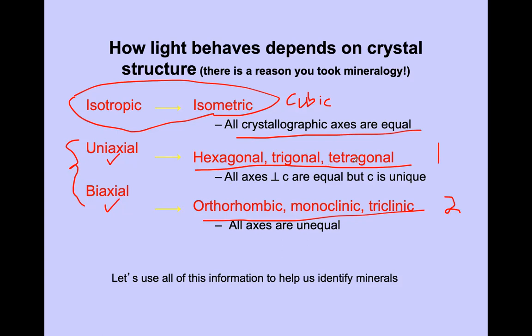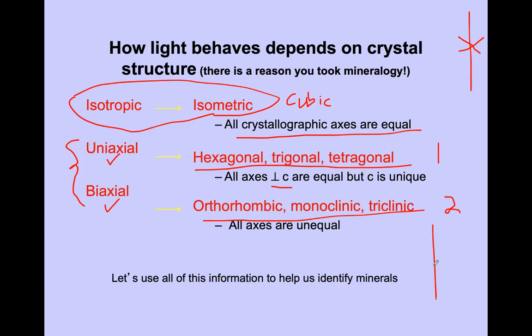In these hexagonal, trigonal, and tetragonal minerals, the axes are equal and perpendicular to the c-axis. The c-axis is the longer axis, and all the other axes are equal to each other, but perpendicular to the c-axis. In the orthorhombic, monoclinic, and triclinic systems, they are not perpendicular.